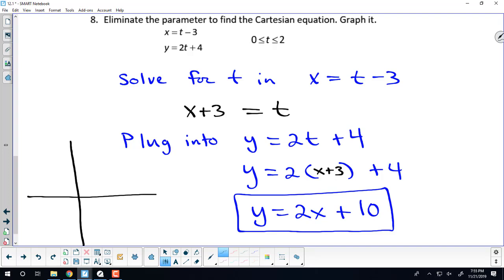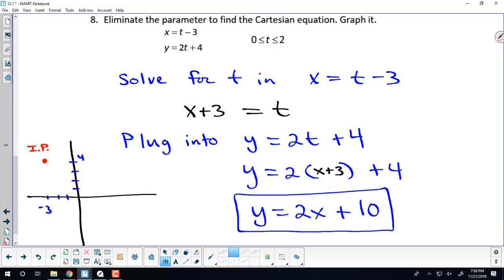So graphing it just involves t equals 0. So we have x is -3 and y is 4. So this is our initial point at (-3, 4). And then since we know it's a line, let's just graph the terminal point and then connect them. We know where it starts, we know where it stops, we know it's a line.